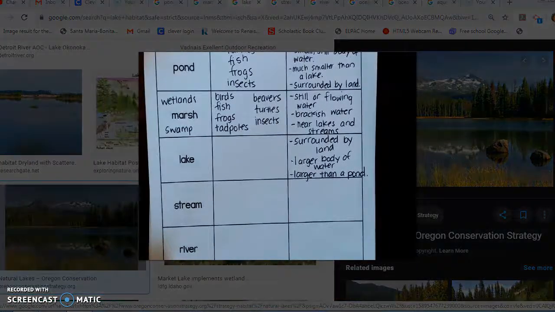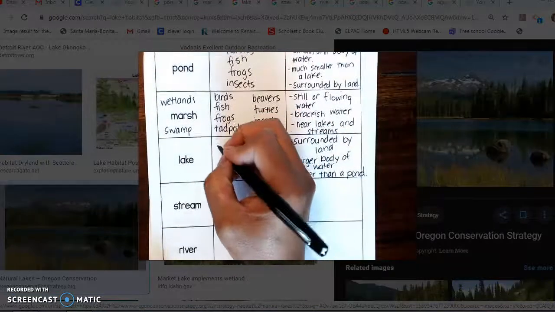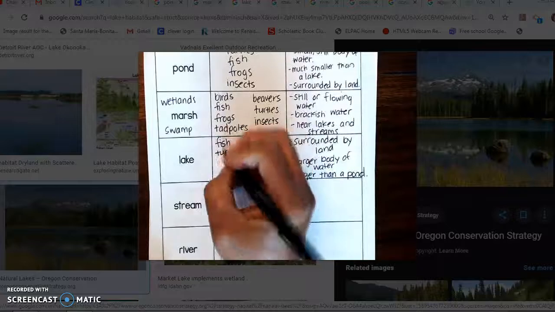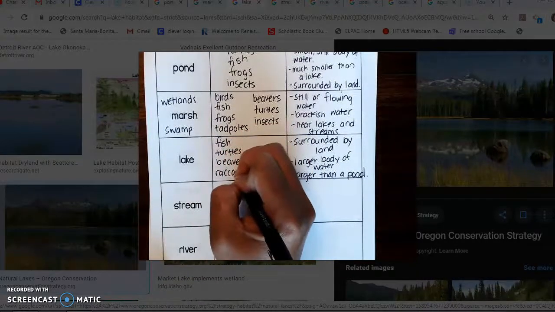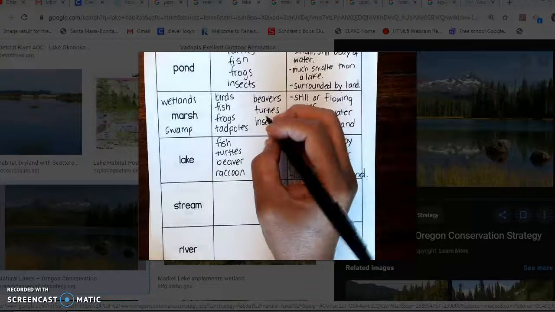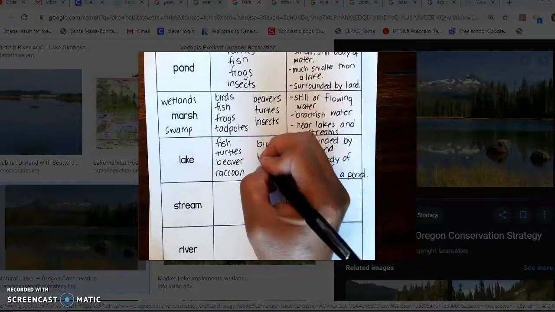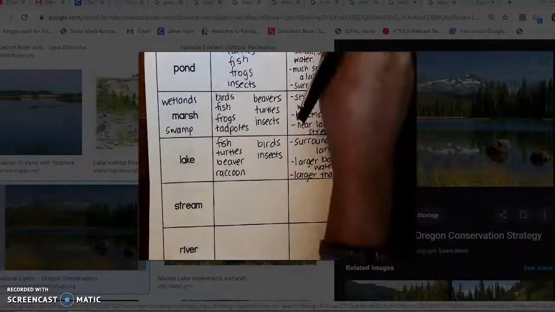Let's go ahead and fill in the types of animals we see at the lake. So we saw fish, of course, turtles. I saw another beaver there, and a raccoon. We'll also see birds and insects. A lot of these types of habitats have similar things in common, right?